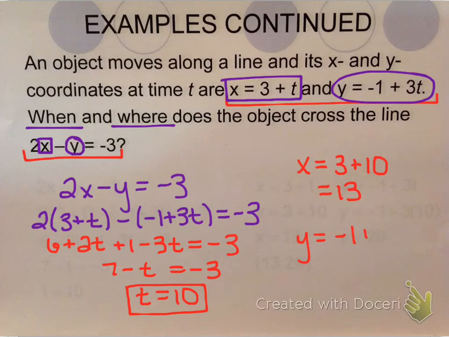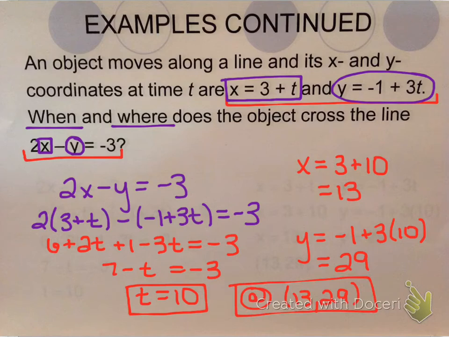And if I take the y equation and plug in the time that I just got, then I know that at time 10 the y position is 29. So at time 10, at the point (13, 29), is when and where the moving object crosses the fixed line. Okay?